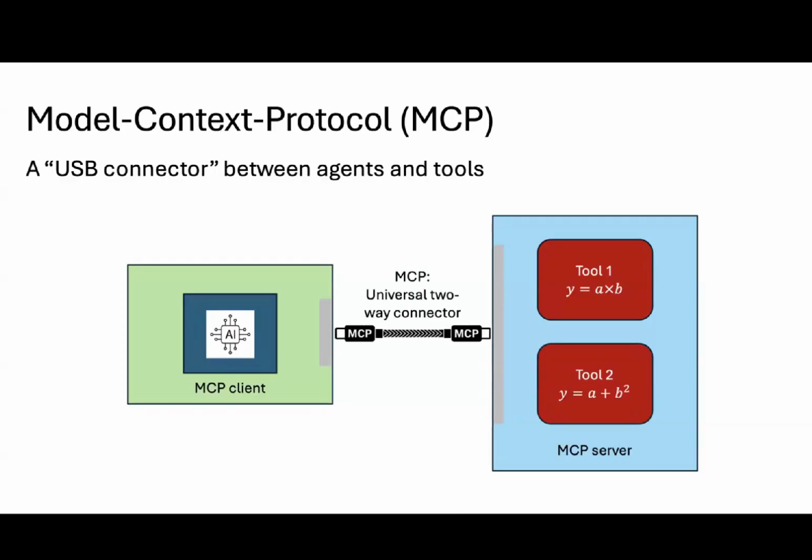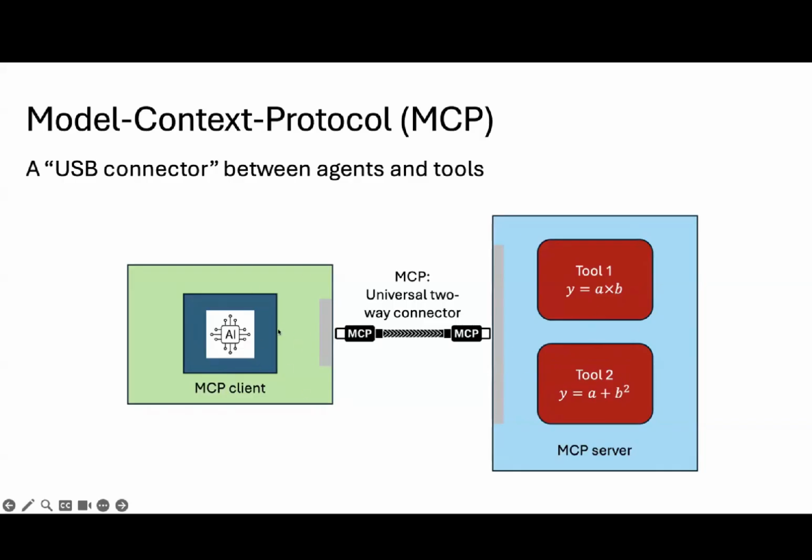So there is this universal connector between the tools and the client, and experts who know how to use these tools can focus on building the right side, the MCP servers which contain all these tools. I'm just using some trivial examples, like one tool may be doing multiplication, the other doing some other algorithm. You don't need to worry about building AI.